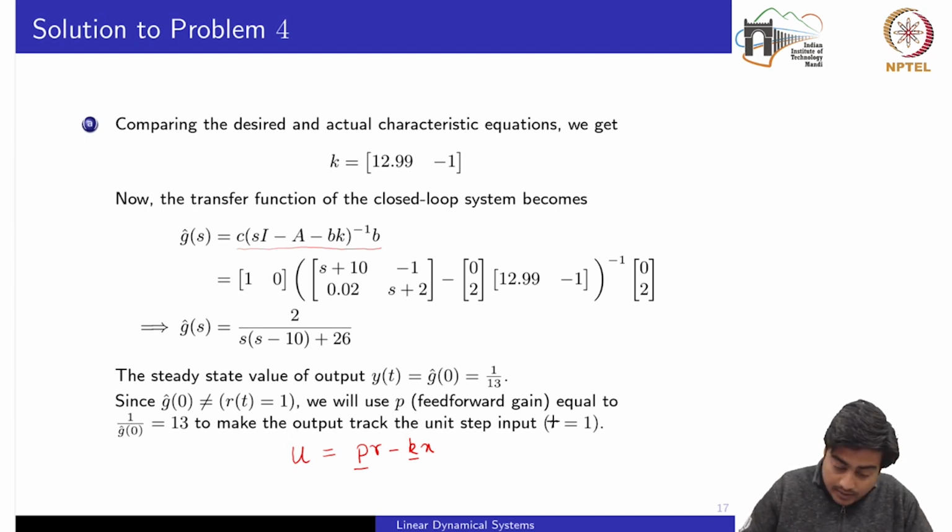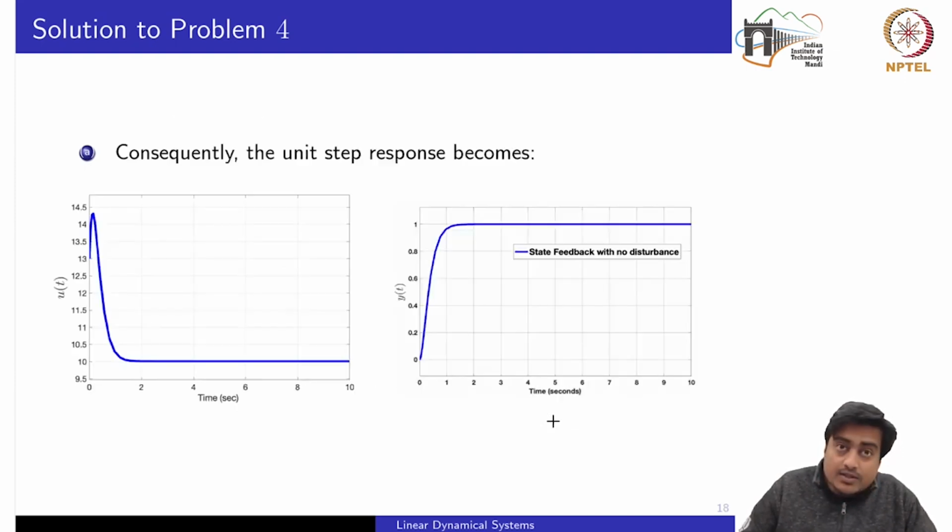This we can see in simulations also, that once I put the controller as u is equal to Pr minus Kx, the output of the closed loop system tracks the reference r is equal to 1, and this is the control signal.